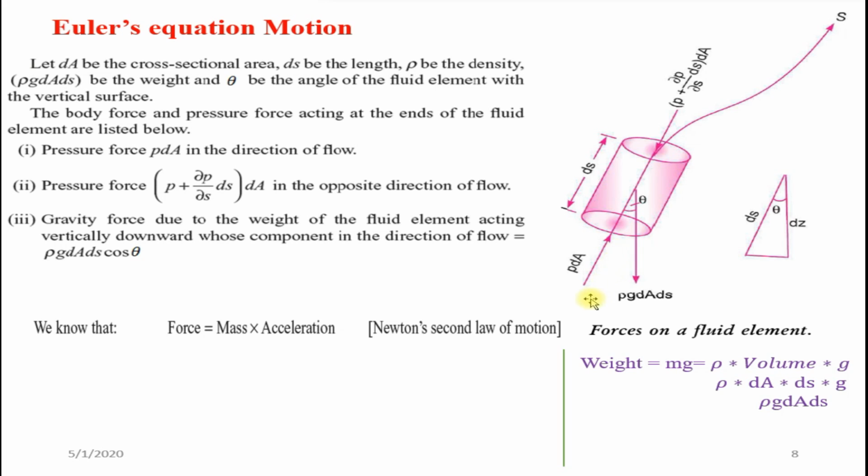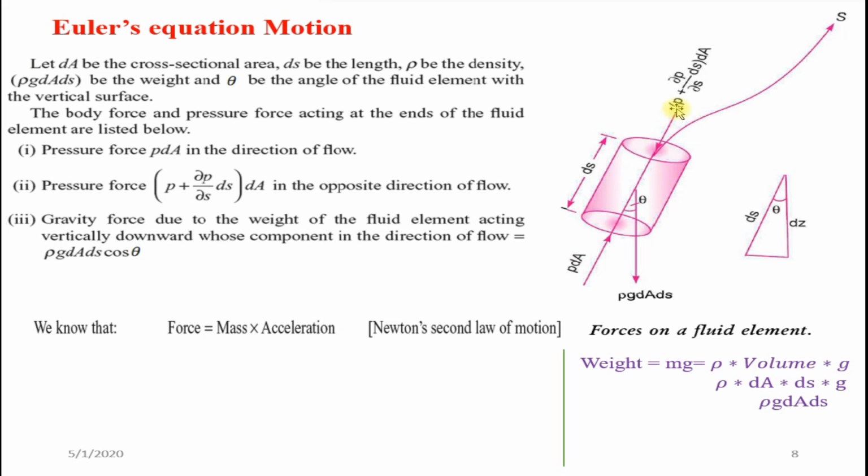So mainly pressure force is acting in this direction, that is pressure into area, because we have considered small elemental distance ds. For that, area is dA. P into dA will give you pressure force. On this side the pressure acting is P plus dou P by dou s into ds, into dA, because pressure varies along the length of the fluid element.